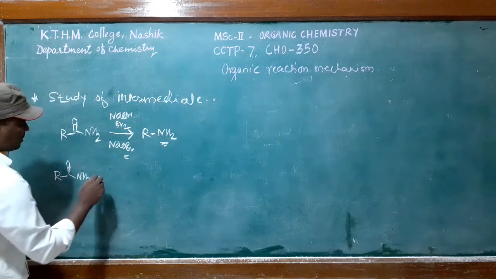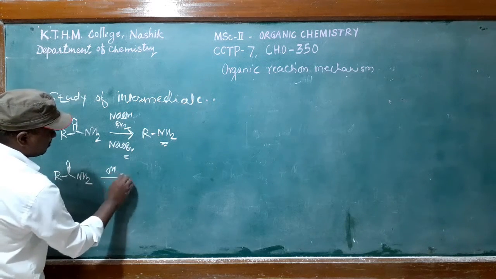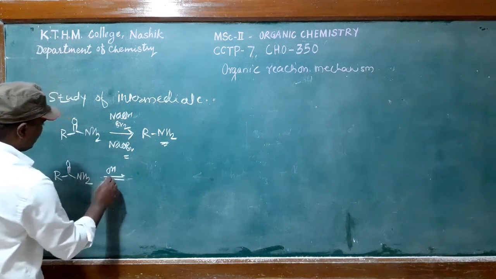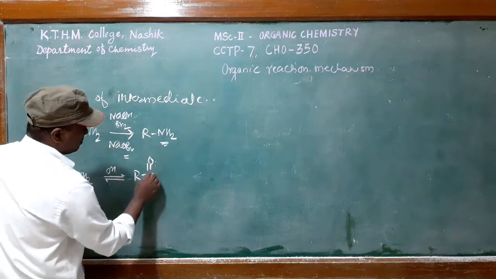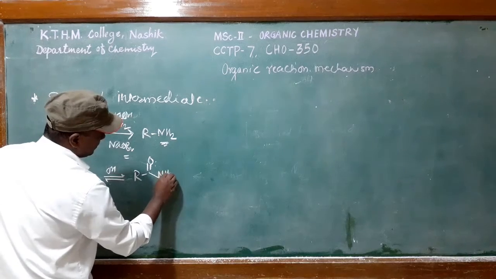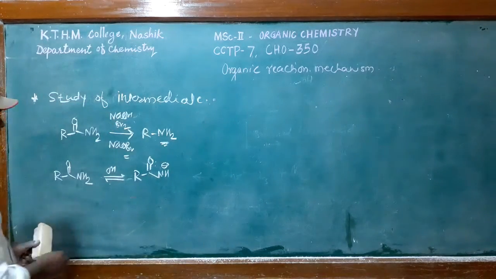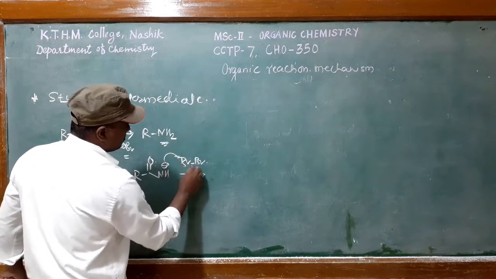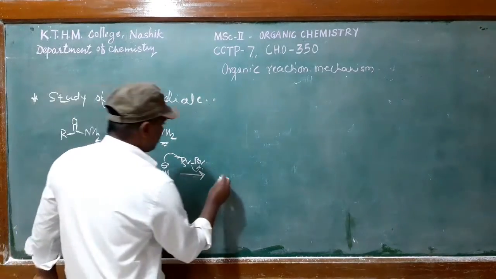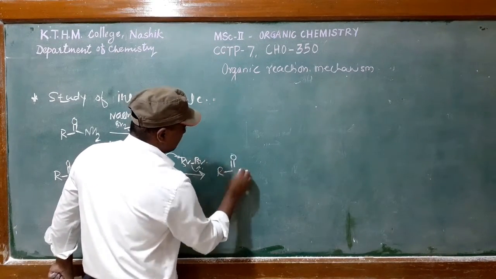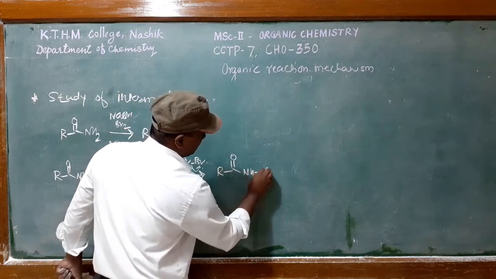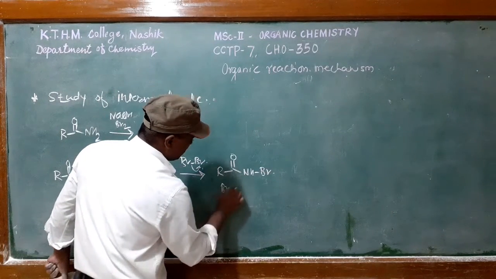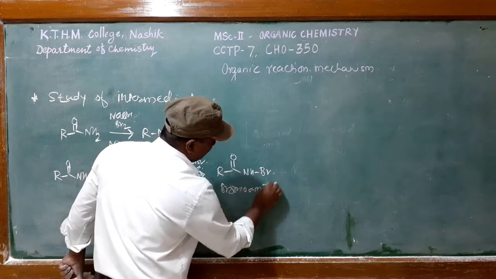One may show it with a different mechanism. First of all, the base abstracts a proton from this amide and forms this amide ion. This amide ion subsequently attacks the bromine and gives the bromoamide.